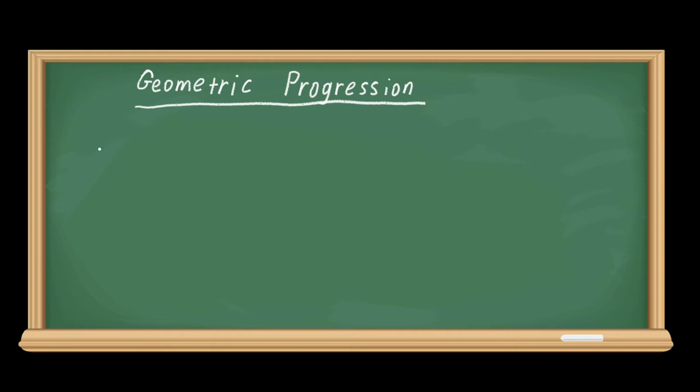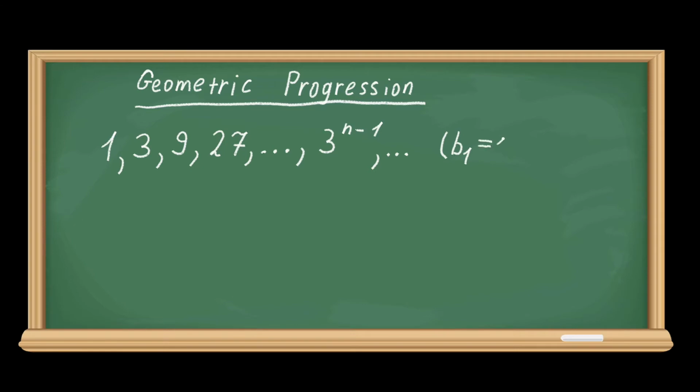Now let's look at some real examples of geometric sequences. Here's our first sequence: 1, 3, 9, 27, and so on. The rule for this sequence is 3 to the power of n minus 1. By looking at this sequence, we can conclude that b1 is 1, and the rate of change q is 3.